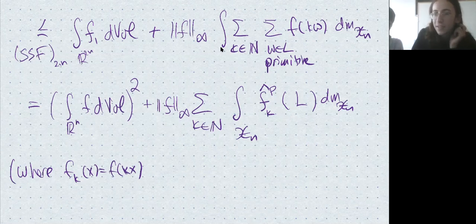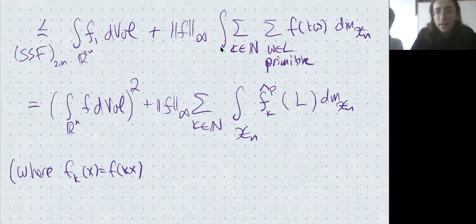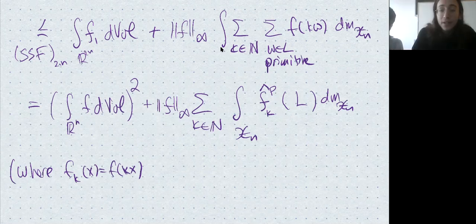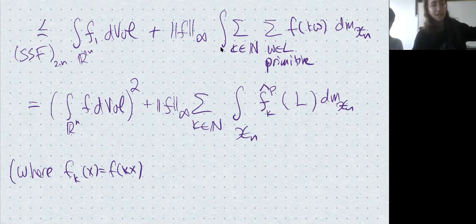In the first line here, you have the sup norm of f times the integral of the sum over k over w. That should be the absolute value of f of kw, not just f of kw. F is non-negative. I separated into positive and negative parts, and I assume that f is non-negative. Oh, okay. Sorry. Thanks.